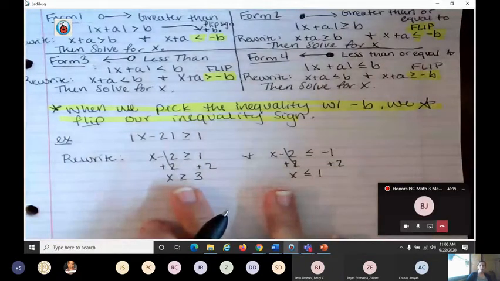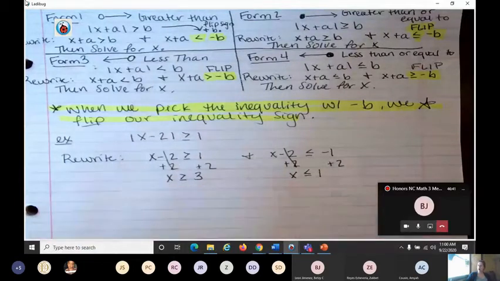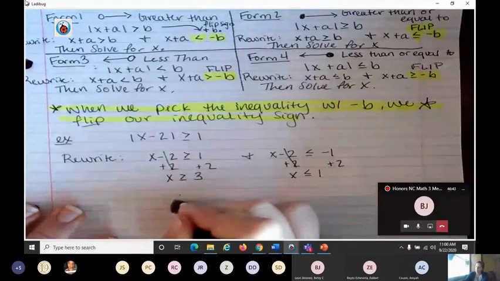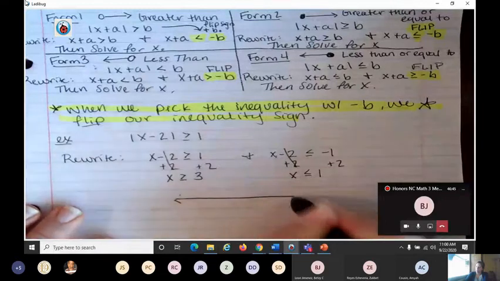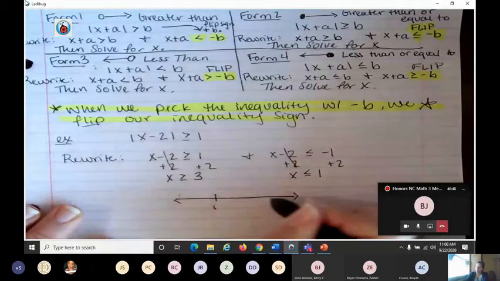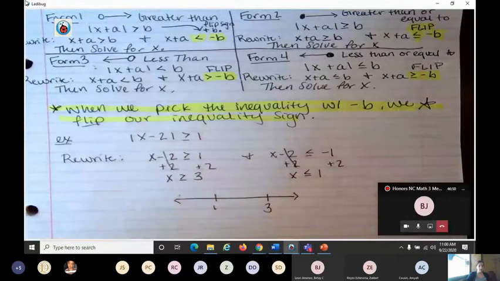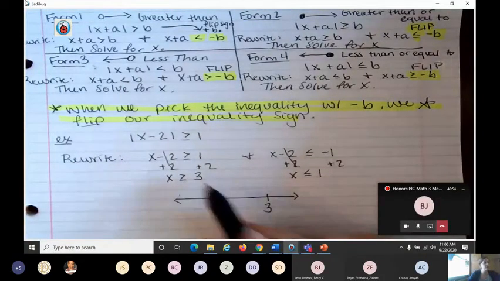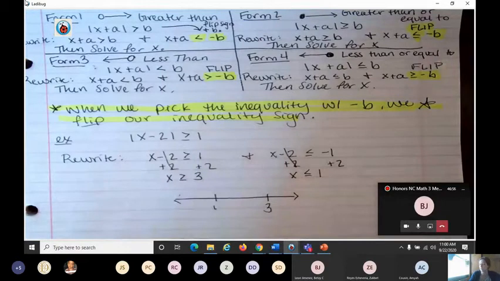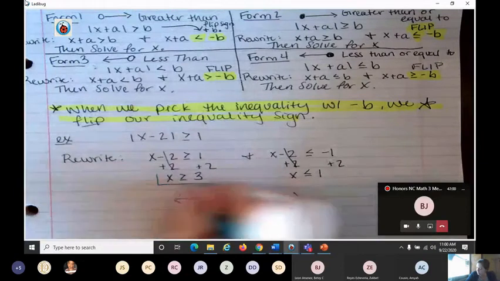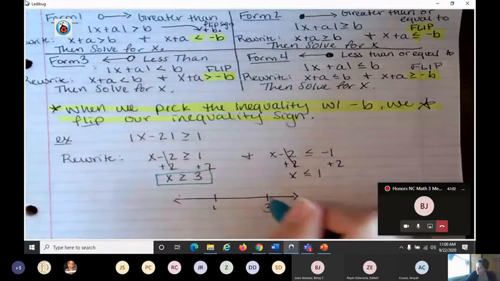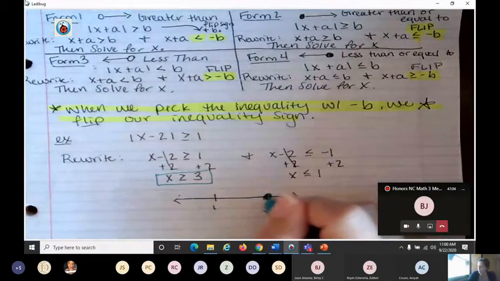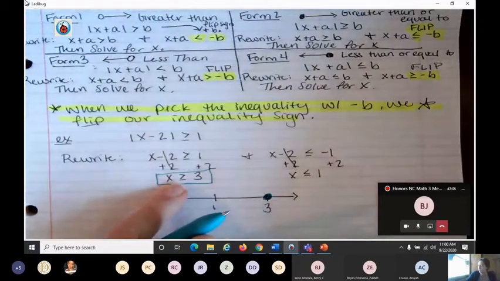And so now we want to put these on a number line to see what it looks like. So I have a value at 1, and then I have a value at 3. And I want values bigger than or equal to 3. Let me get some colors here so you guys can see. So for this one, we have a dot, and it's filled in at 3 because we have greater than or equal to.